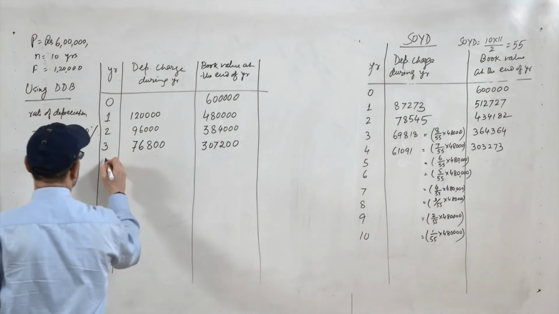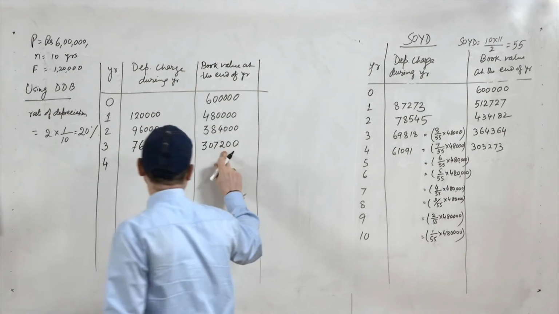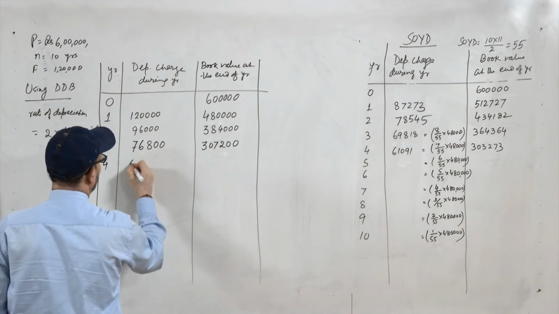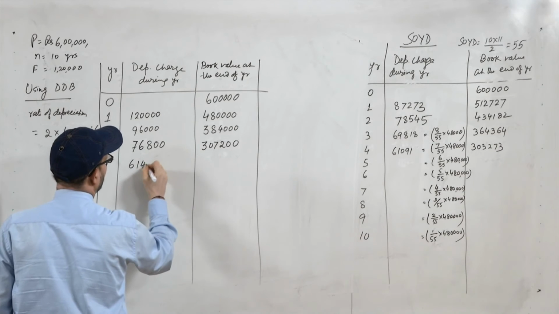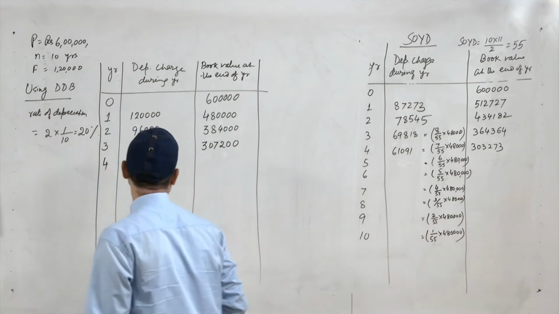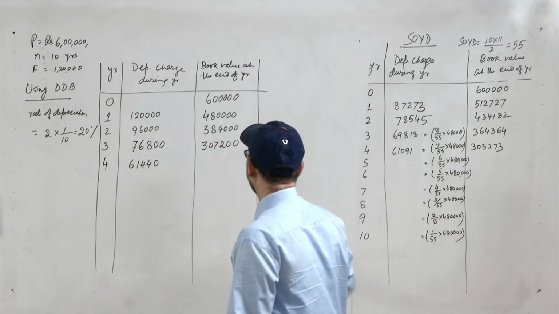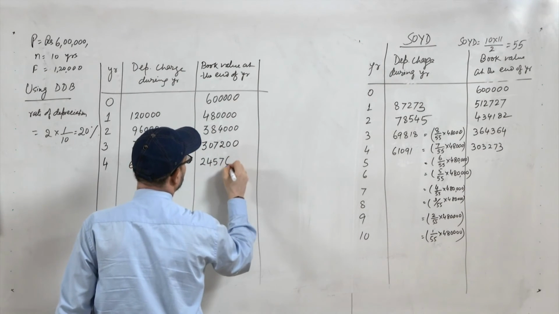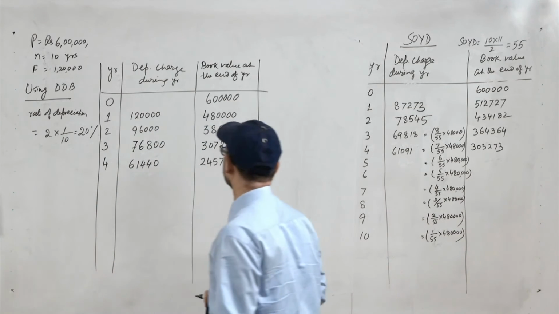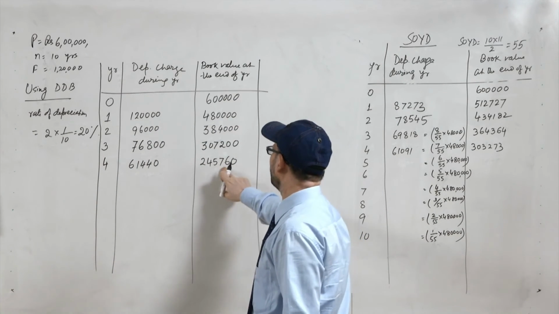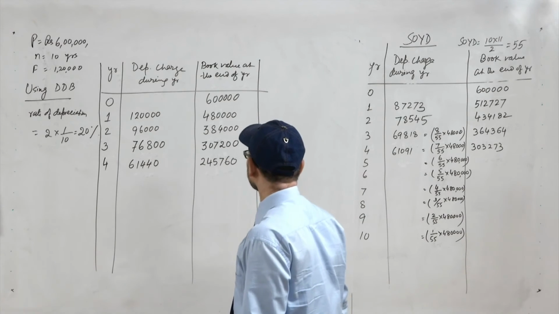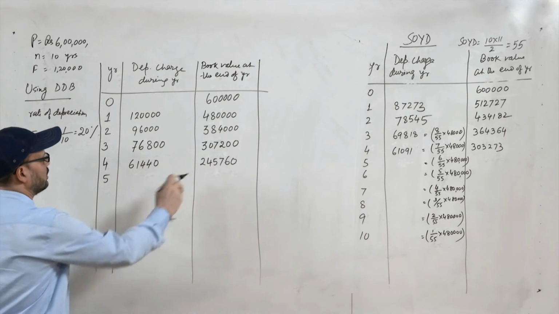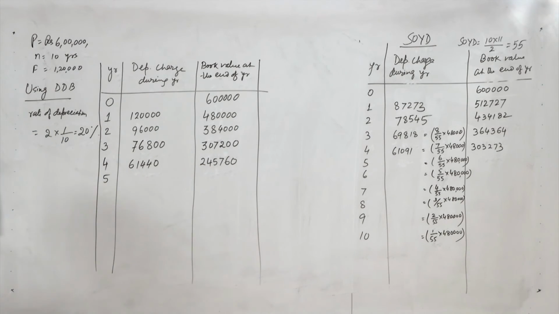So, in the fourth year 20% of this amount, so this will be 61,440 and this will be 2,45,760. Then in the fifth year you get 20% of this.